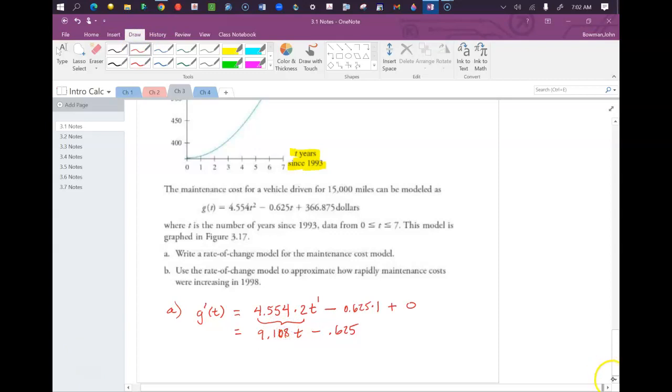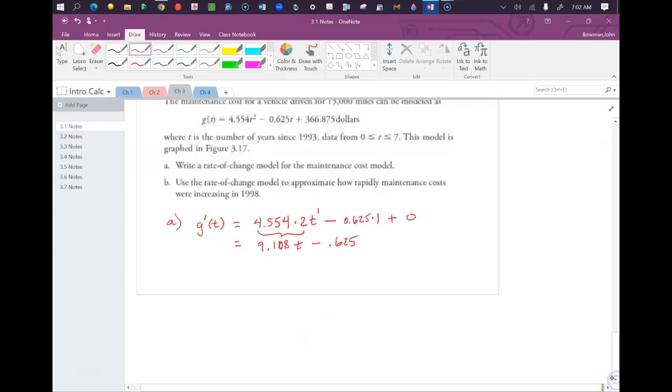In part B, it asks us to use the rate of change model to approximate how rapidly maintenance costs were increasing in 1998. So there's a clue there. How rapidly, basically, we need to find the rate of change in 1998. But it also said increasing, so that implies that our derivative should be positive.